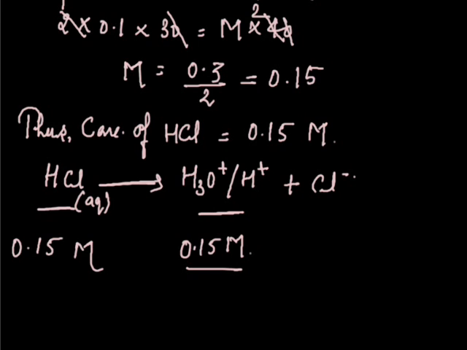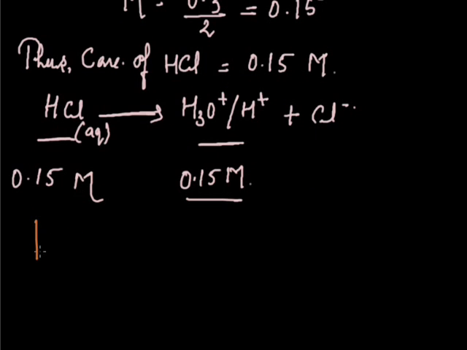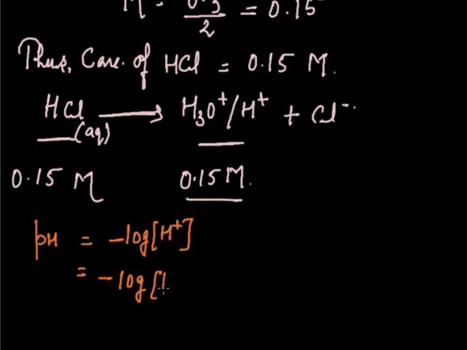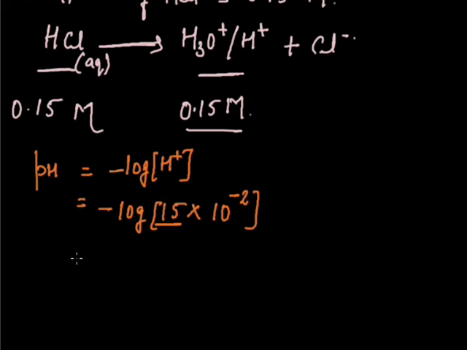Now, how to calculate the pH? We know that pH is equal to minus log of H+ ion concentration. We'll put the value of H+ ion here, which is 15 into 10 raised to power minus 2. We'll also split this 15, as it will be difficult for us to memorize the value of log 15.